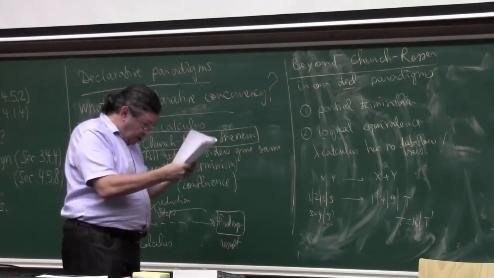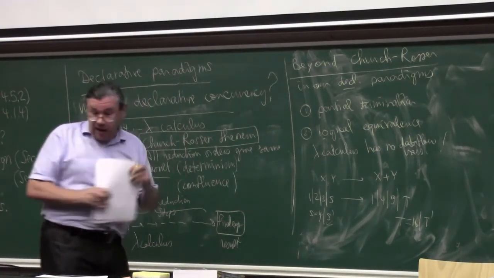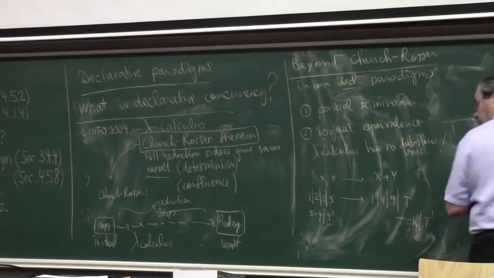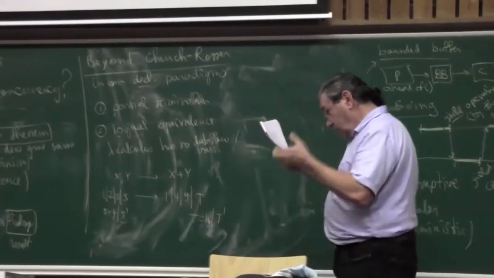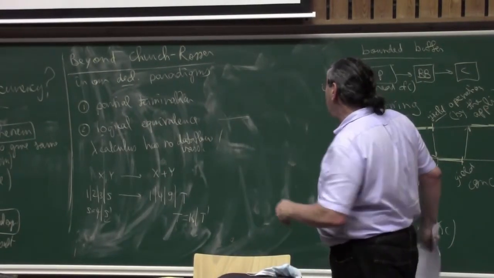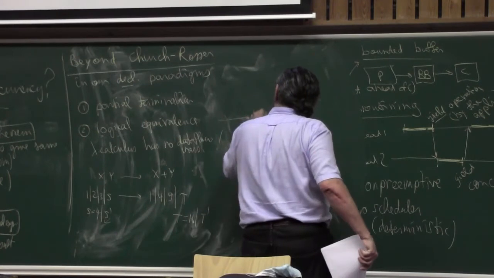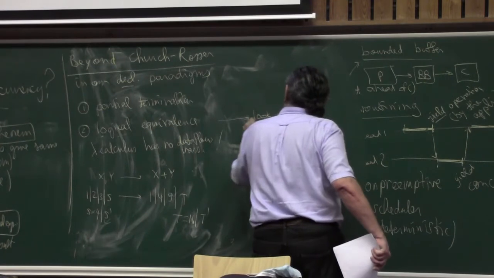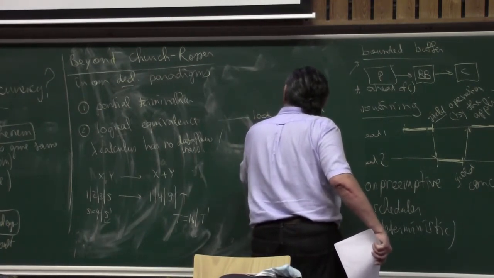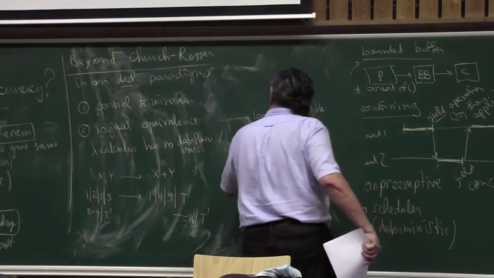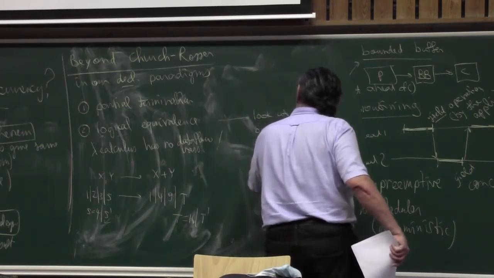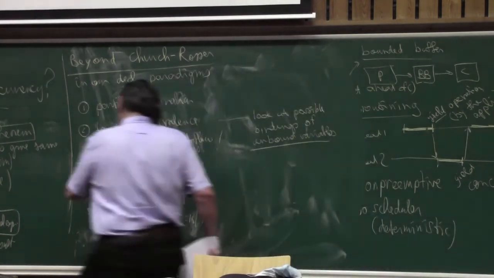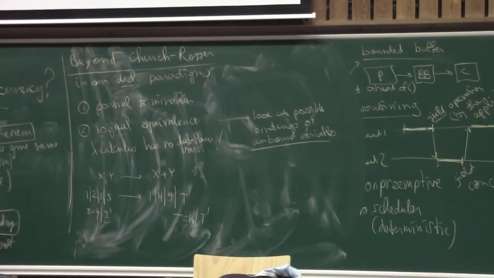Okay. Well, we can take care of the unbound variables. The way we handle unbound variables is that we look at the possible bindings of the unbound variables. Each time we bind it, we get a value, and Church-Rosser applies.